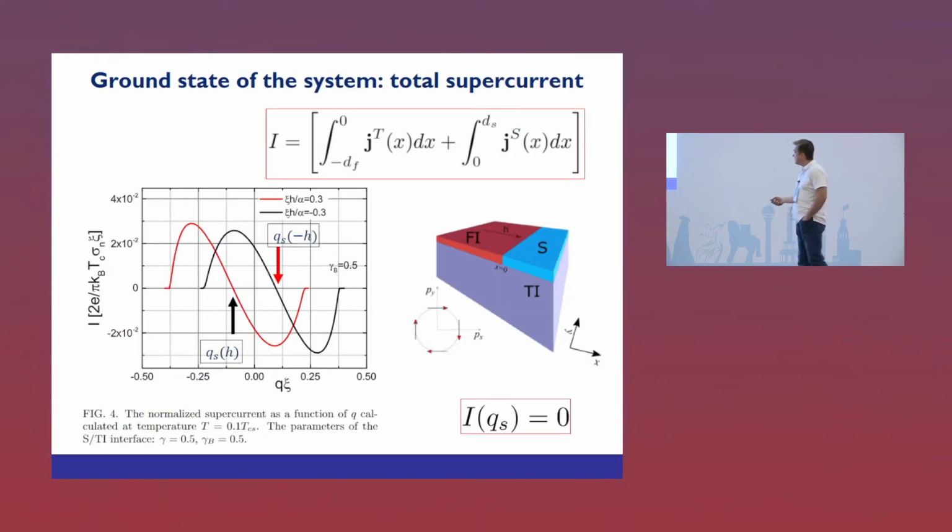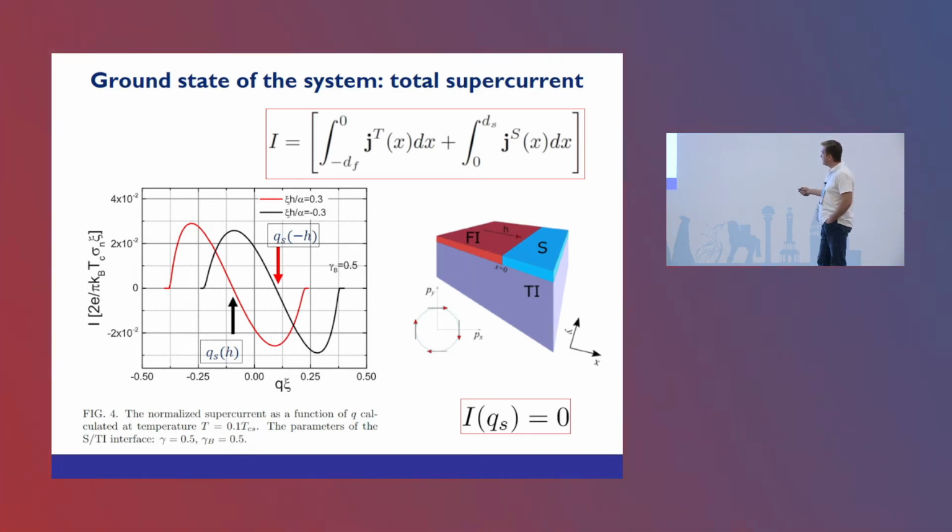And let's go further. So we also calculate the supercurrent. You see the supercurrent is distributed. There is a density of current, and it flows only in the y direction, because that is the direction where we have the oscillations of the exponential, this phase factor of the delta potential.